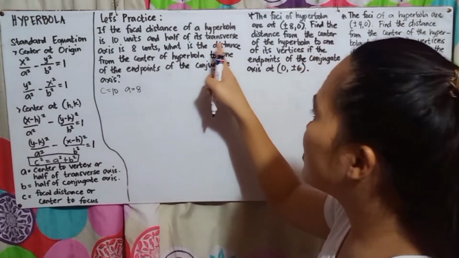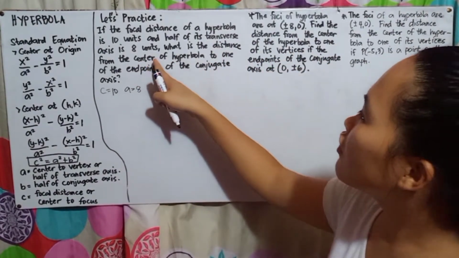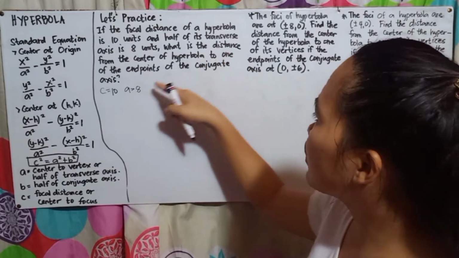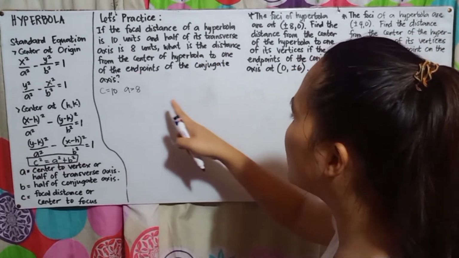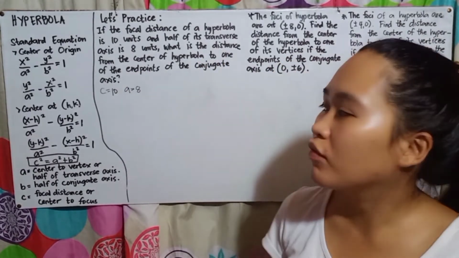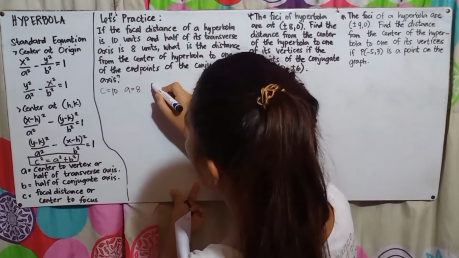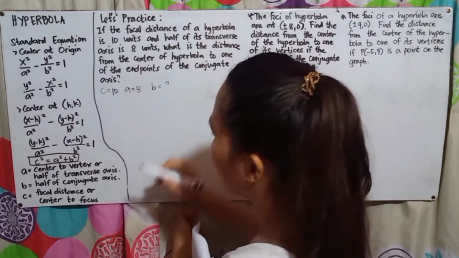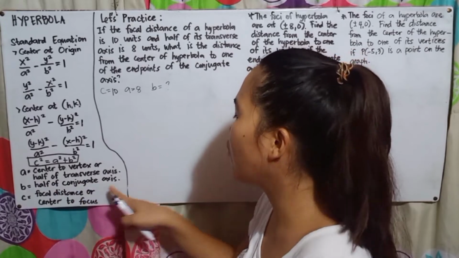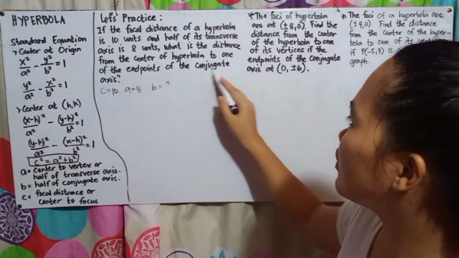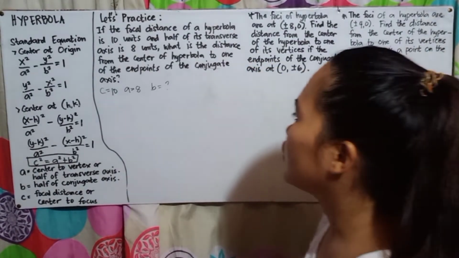What is the distance from the center of the hyperbola to one of the endpoints of the conjugate axis? Ang question is ang B ang ating i-compute, which is half of the conjugate axis. So therefore, B ang unknown.